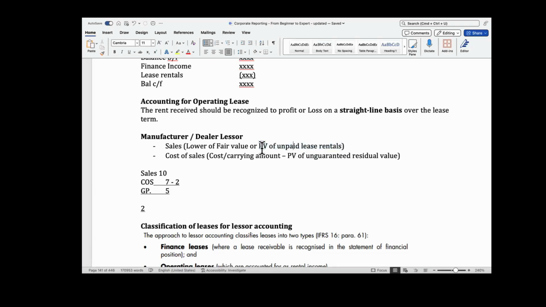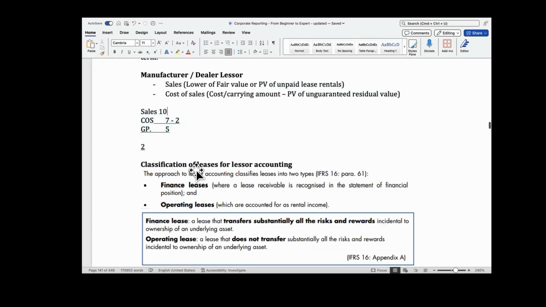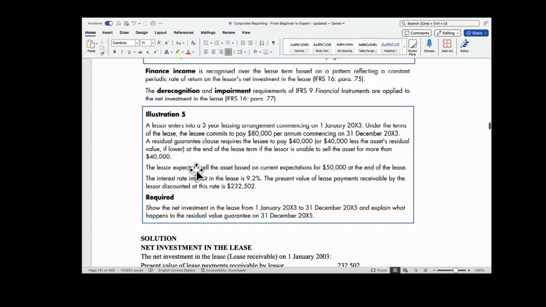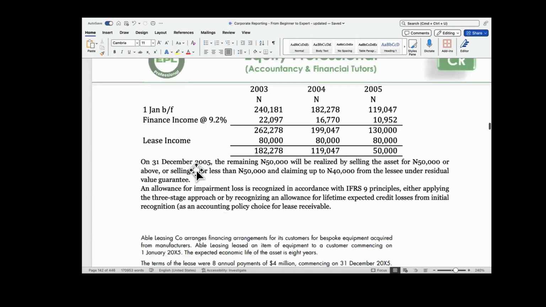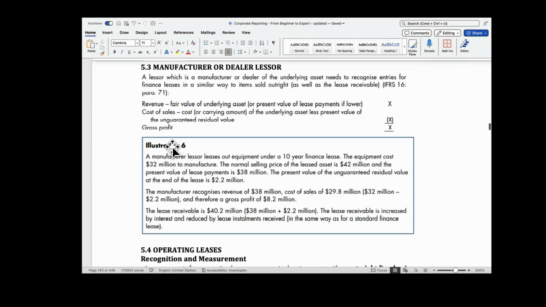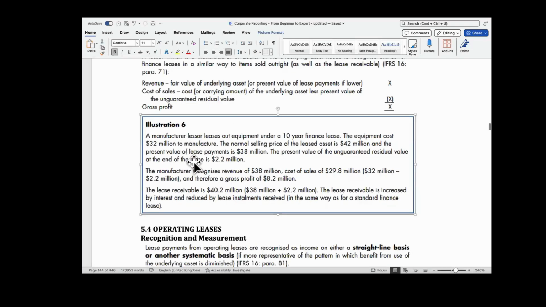For it to still have the same impact on your gross profits, just come and deduct it from here. And I gave you a scenario like this, and I used this illustration to demonstrate it. This very simple illustration here, so that you can see it with figures. So that was all we explained on that. Okay, I hope I'm able to answer your question.